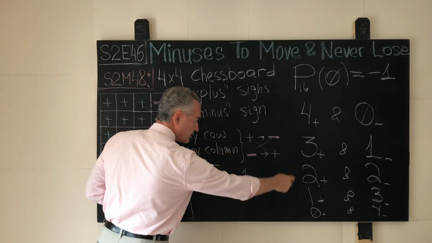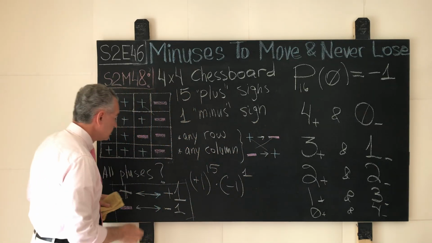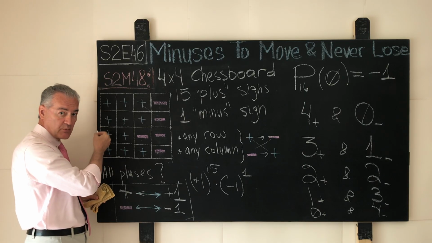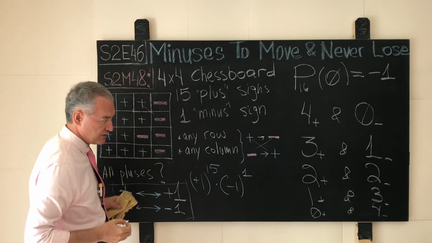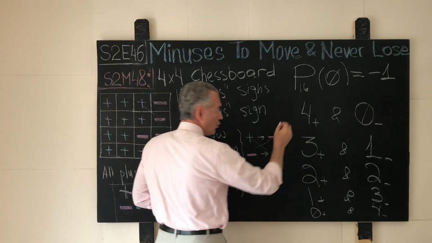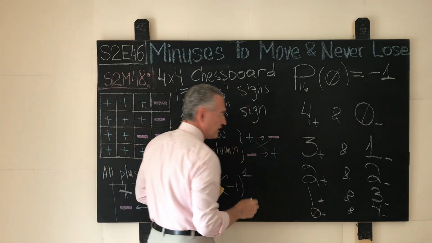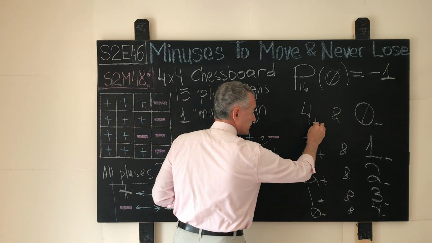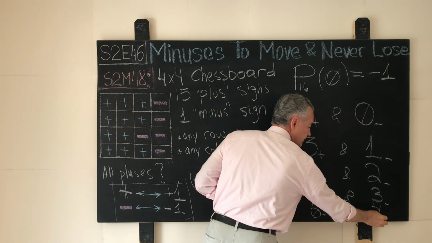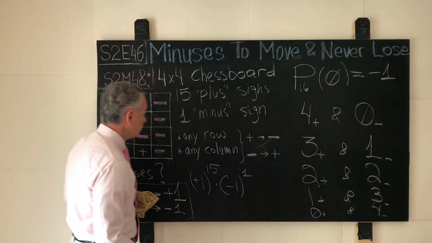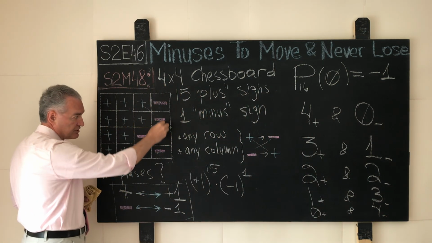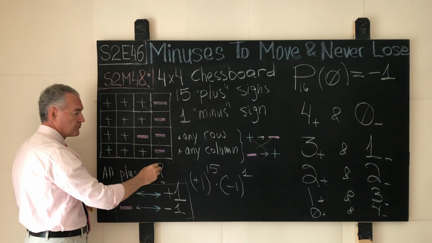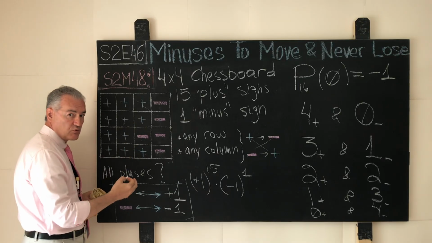Out of 5 seemingly distinct possible permutations of pluses and minuses in any 4 squares that make up a row or a column of our 4x4 chessboard, which ones are really equivalent? Let's think about it. Well, when 4 pluses become 4 minuses, remember we did it in the rightmost columns, when the 4 pluses are flipped into 4 minuses, we record that movie, we play it back.